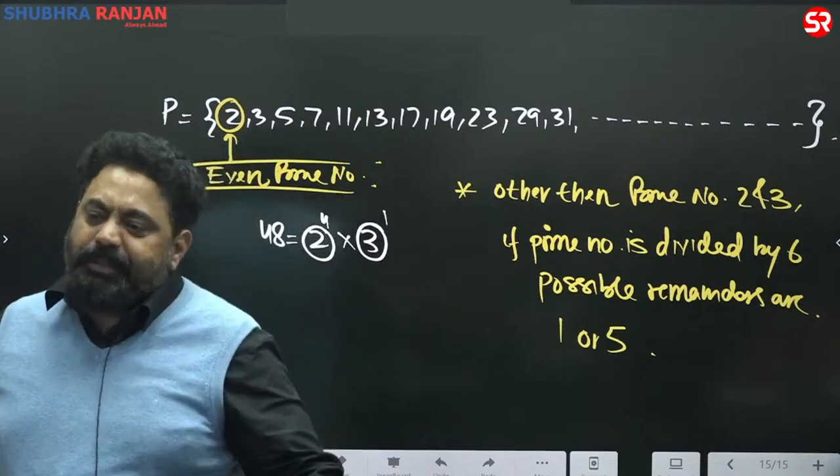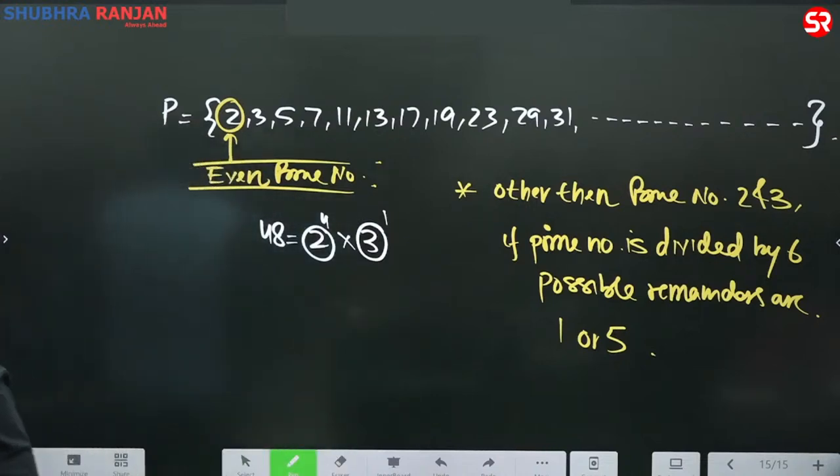If a prime number is divided by 6, possible remainders are 1 or 5.